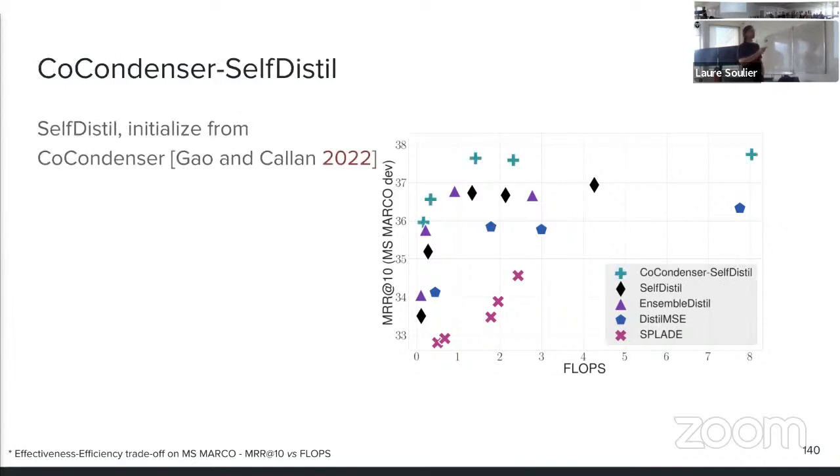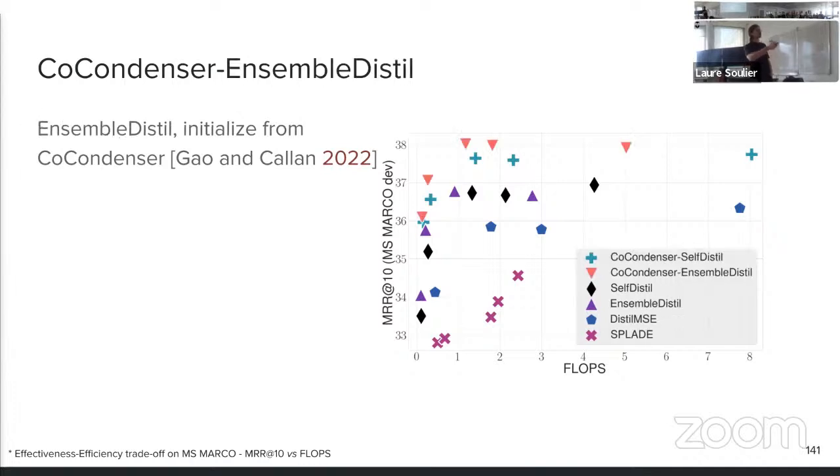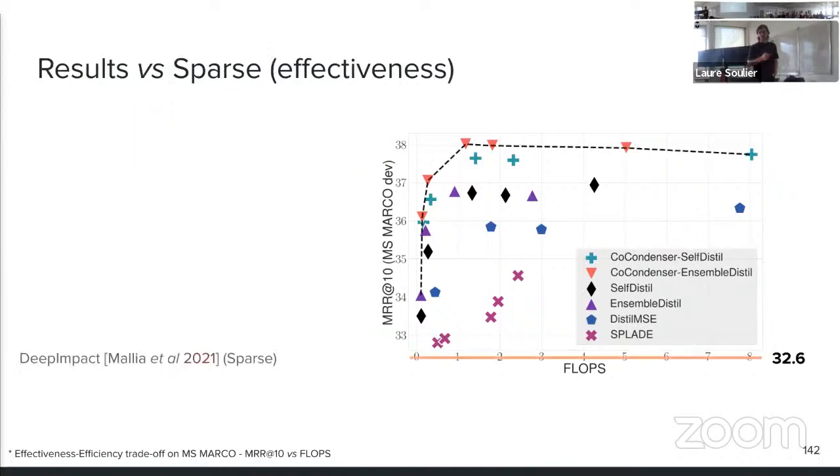And finally, we have two last settings where we are actually going to consider the two previous ones, but instead of initializing the model with distilled BERT, we are going to use a coCondenser checkpoint that is supposed to be better aligned to the IR task. And so once again, we see some nice improvements for both cases.